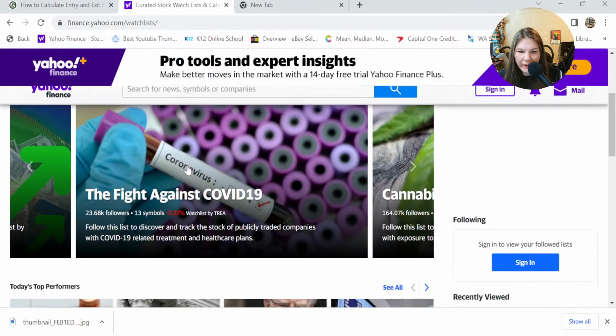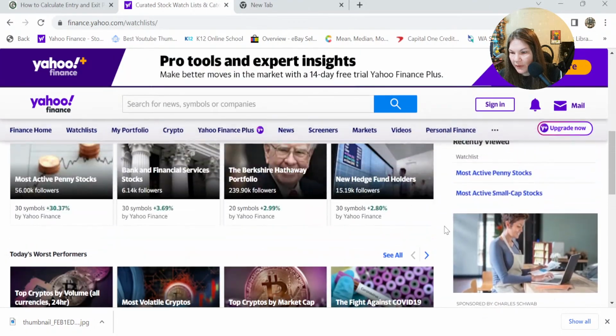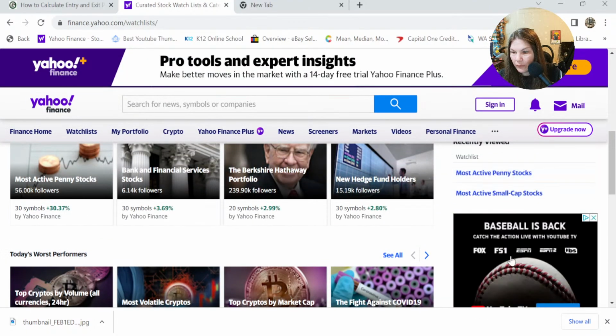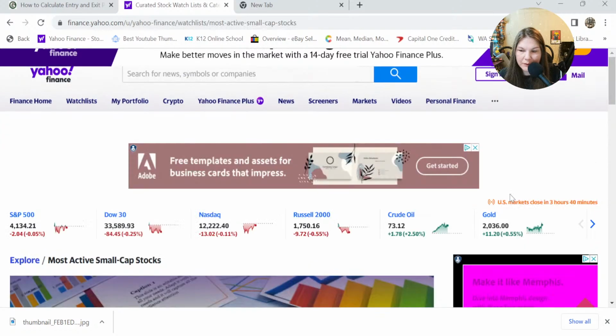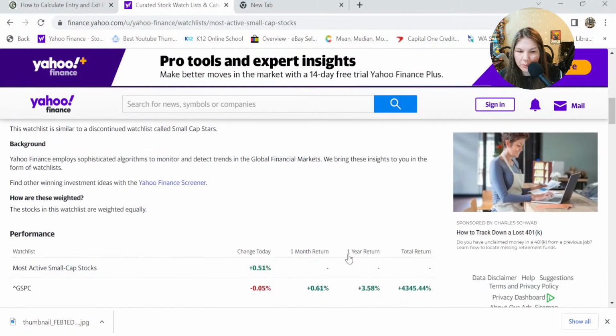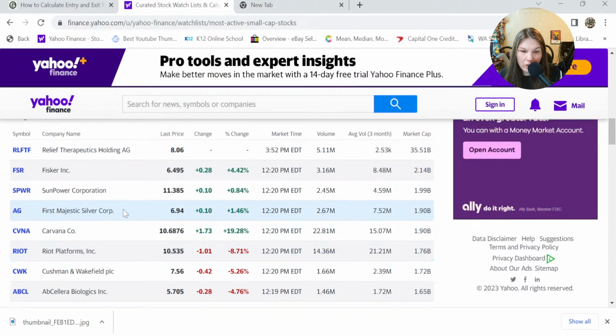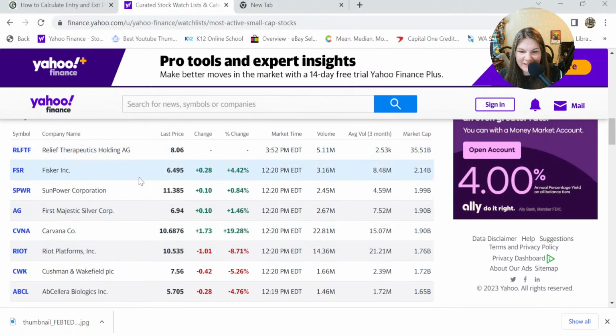So, let us see. Watch lists. What do we got as a watch list, guys? Nothing. Small cap stocks. Let's check out small cap. What's small cap stocks? Like Fisker. SunPower Corp. So this is a mover. Fisker.